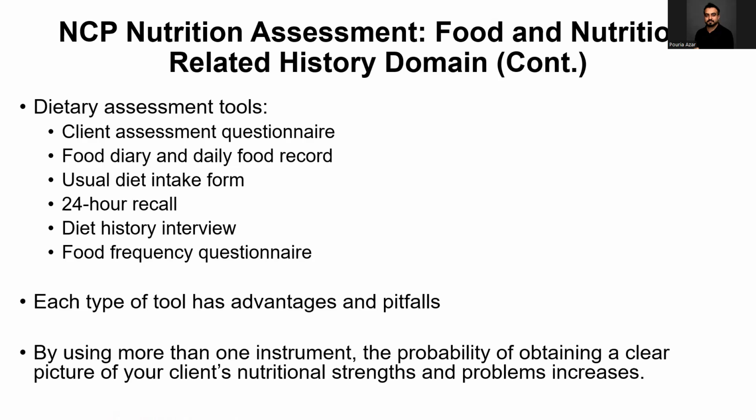By using more than one instrument, the probability of obtaining a clear picture of our client's nutritional status and problems increases. So we can combine different dietary assessment tools if we have time.